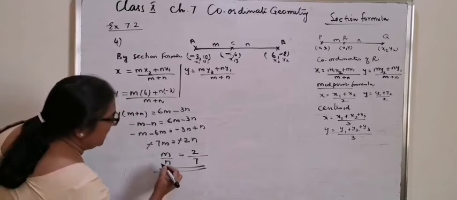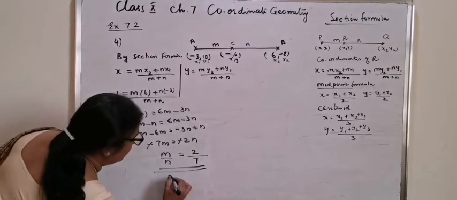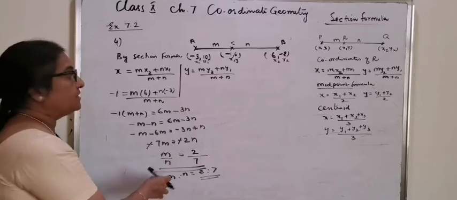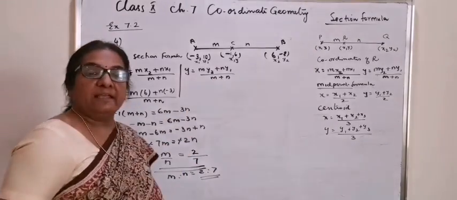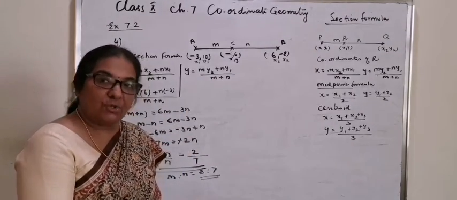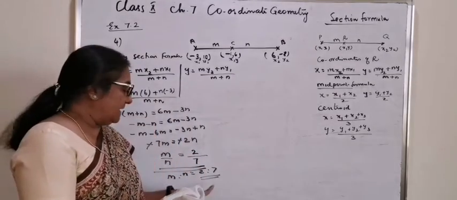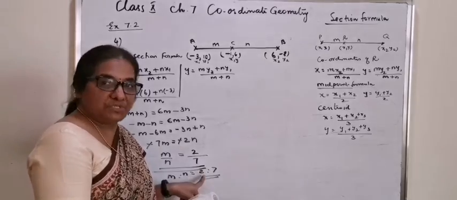The ratio m is to n is 2 is to 7. The same ratio 2 is to 7 you will obtain if you substitute the y coordinate also, but it is not required. Only from one of the coordinates you can get the ratio as 2 is to 7.